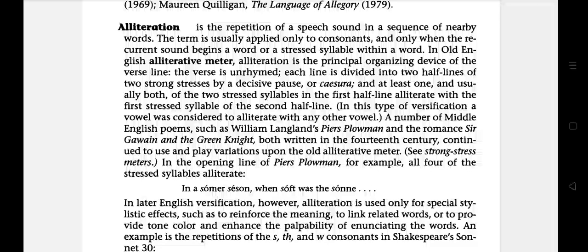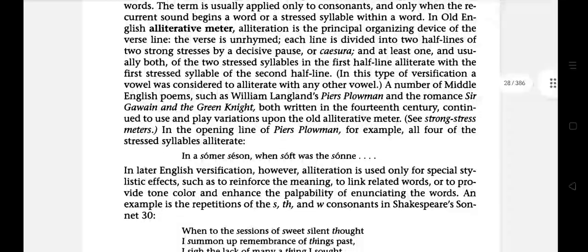A number of Middle English poems, such as William Langland's Piers Plowman and Sir Gawain and the Green Knight, both written in the 14th century, continue to use and play variations upon the old alliterative meter.